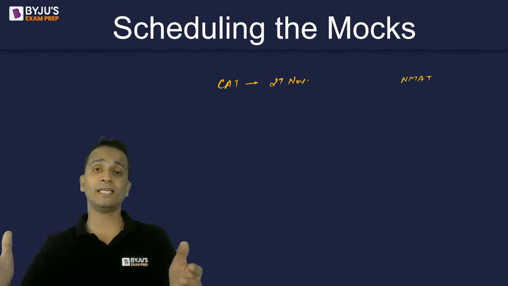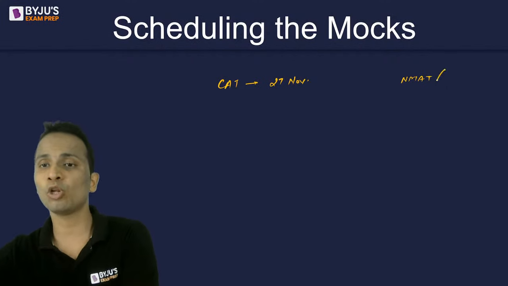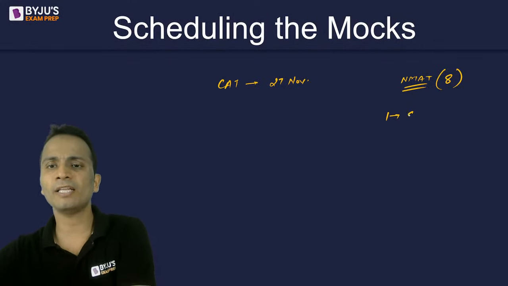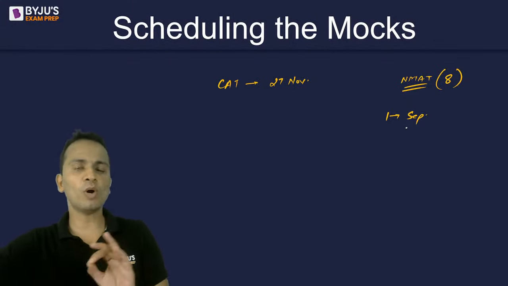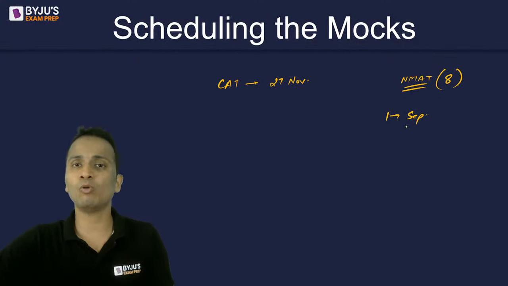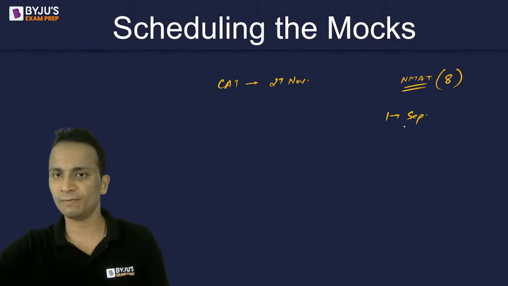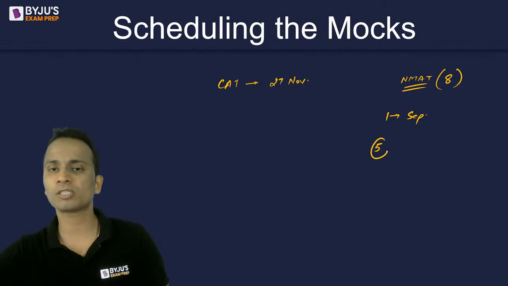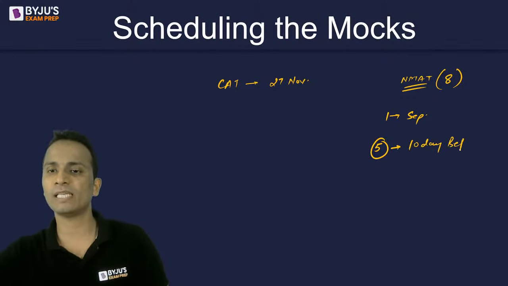Let's say you have a total of 8 mock examinations for NMAT. I will take one mock NMAT in the month of September just to get aware of the pattern and the level of difficulty. Then, just before the first attempt of NMAT, you can plan 5 more mocks in the 10 days before the actual examination.